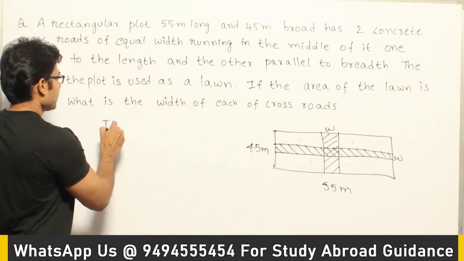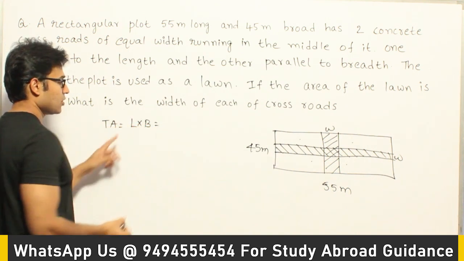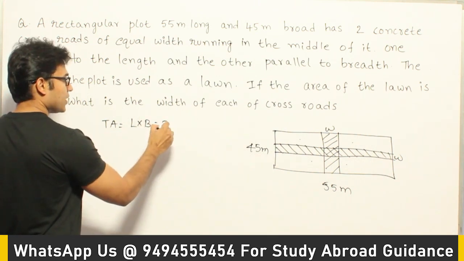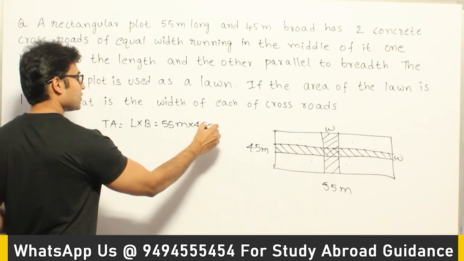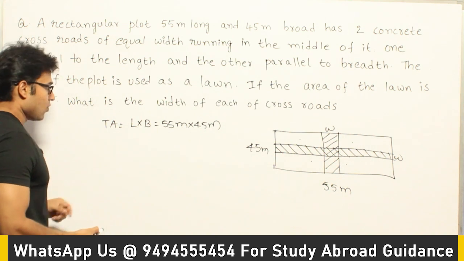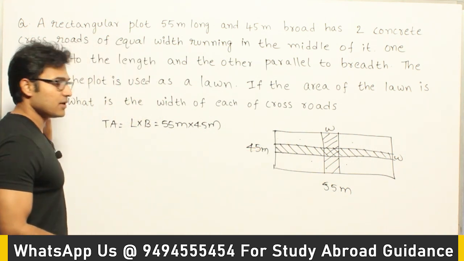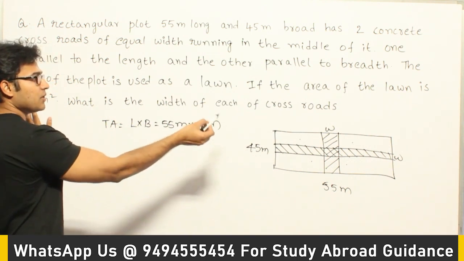What is the total area? Total area is equal to length into breadth. When I talk about total area, I am talking about the total area of the rectangular plot. So it is equal to 55 meters into 45 meters. Let's leave it there, 55 into 45. And now what is the area of the lawn? Lawn area is given as 1911 meters square. Therefore what will be the area of the paths?